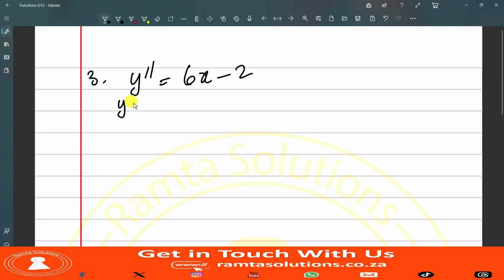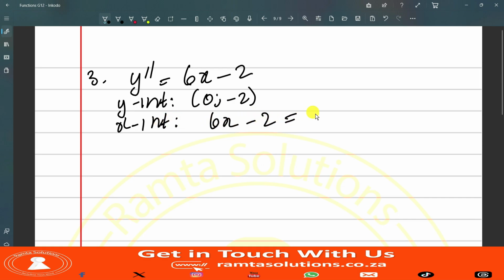As you can see here, the y-intercept will be 0 and negative 2. What about the x-intercept? X-intercept will be 6x minus 2 equals 0. Therefore, 6x equals 2. X equals 1 over 3.